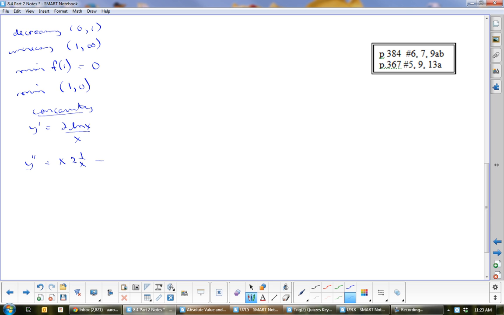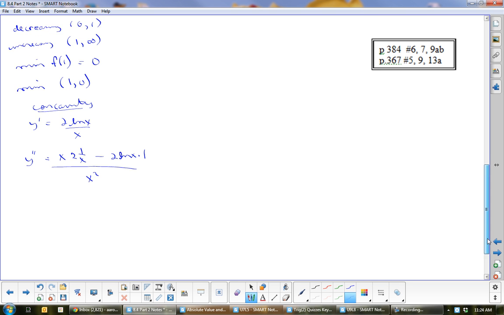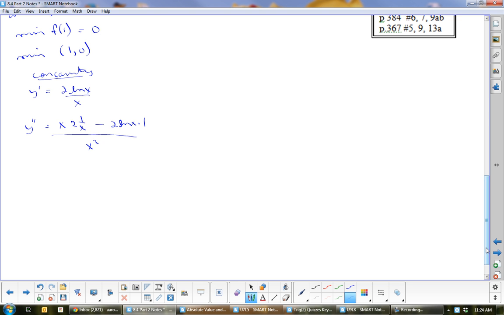Well, you could even bring the x to be a negative 1, use the product law, and then do that. And then minus 2 ln x times the derivative of the low, which is 1, all over x squared. In the first one, the x's cancel. So y double prime equals 2 minus 2 ln x all over x squared.